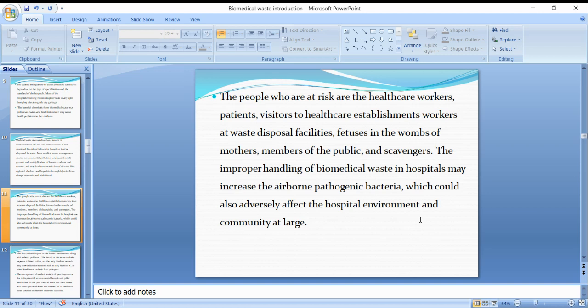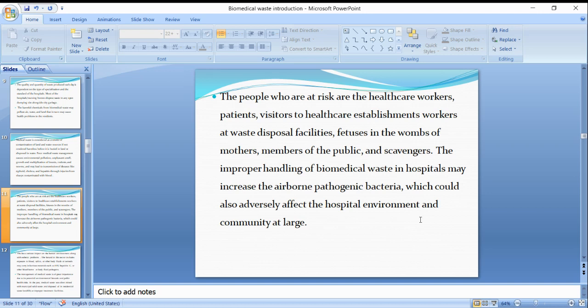Many medical wastes are classified as biohazardous and could potentially lead to the spread of infectious diseases. The greatest danger for humans is the infection, which also affects others living in the region. It will spread to other places also.